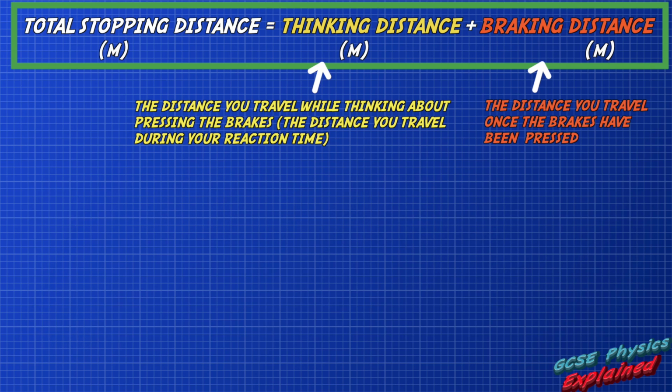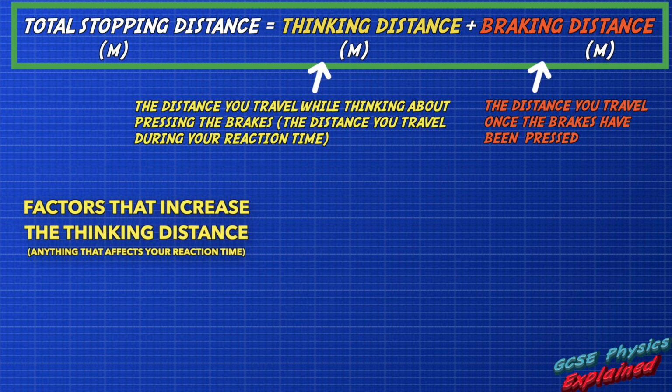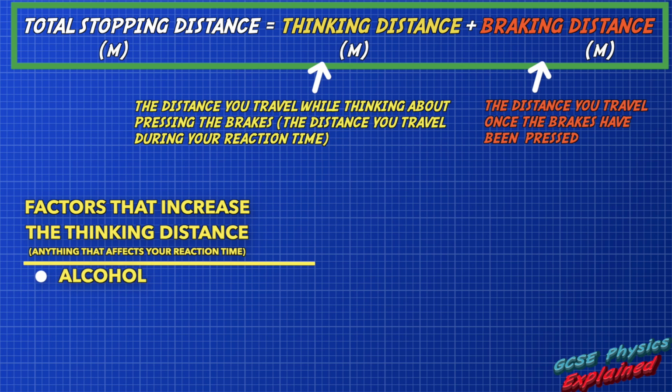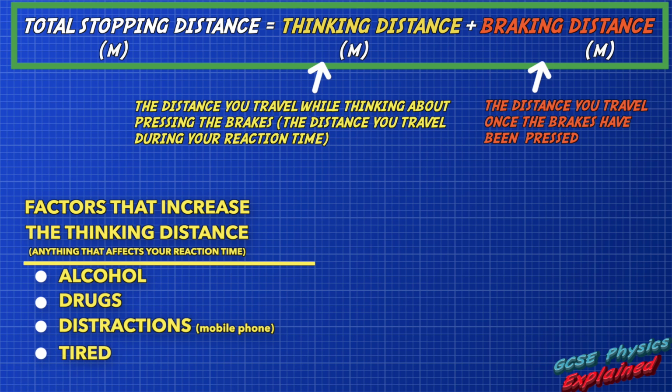Now that we know what the thinking distance and braking distances are, we need to know about the factors that increase these distances. Factors that increase the thinking distance are any factor that slows down your reaction time. So, if you've been drinking alcohol or taking drugs, or if you're distracted by your mobile phone or distracted by other people in the car, or if you're tired because you haven't slept properly the night before, these are all factors that will increase your thinking distance by increasing your reaction time.